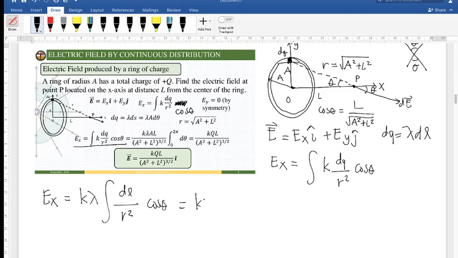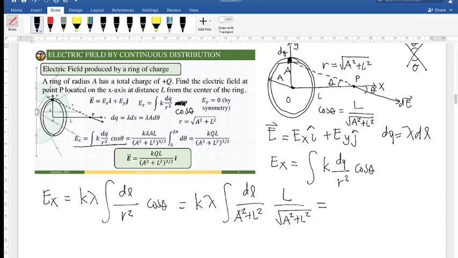So we have k lambda, the integral of dl, and your R squared is equal to A squared plus L squared. Then we have L over the square root of A squared plus L squared. Simplifying, L is not a changing variable because it is constant throughout.